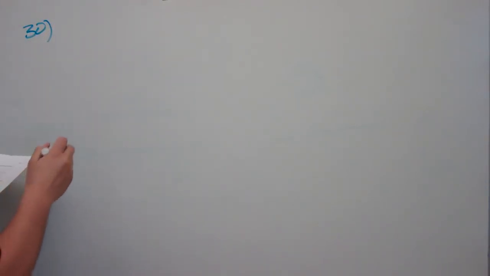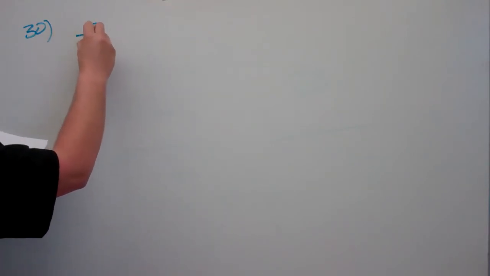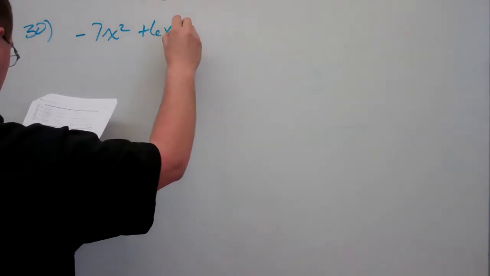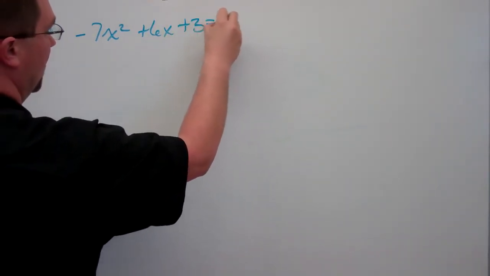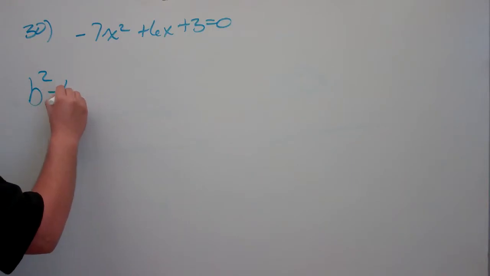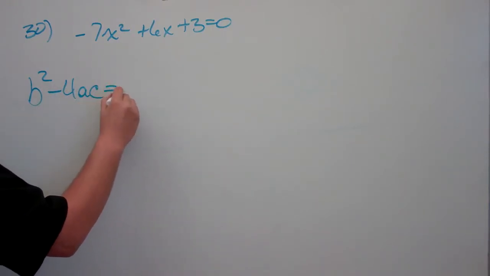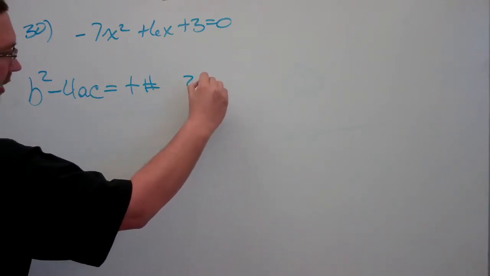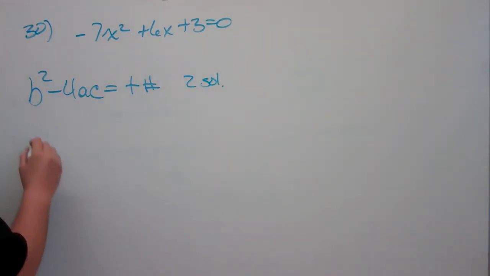30 says, how many solutions does this have? How many real solutions? Remember, for this one you use the discriminant. The discriminant is what's underneath the square root in the quadratic formula. So it's b squared minus 4ac. If this equals a positive number, you have 2 real solutions.